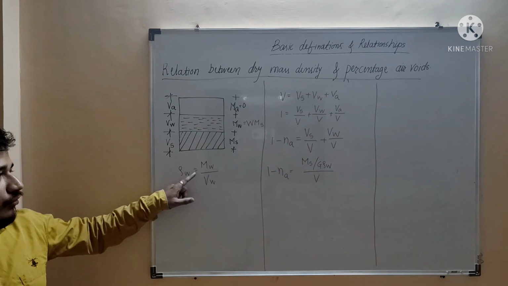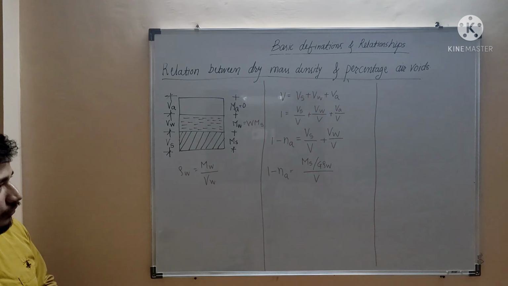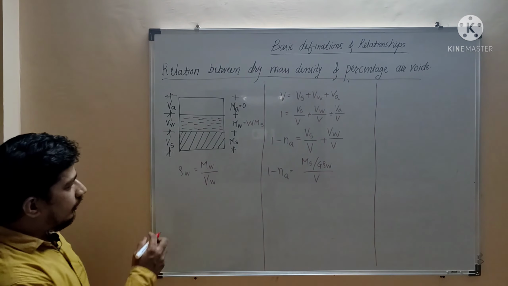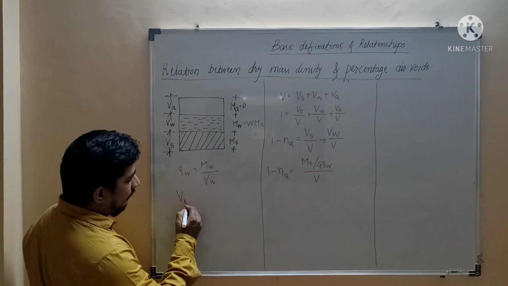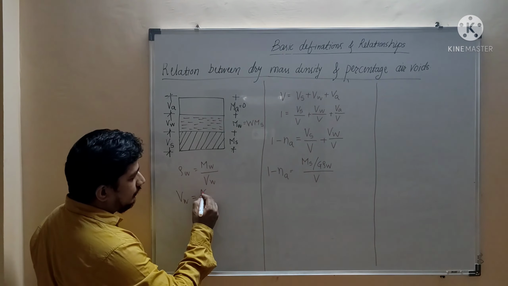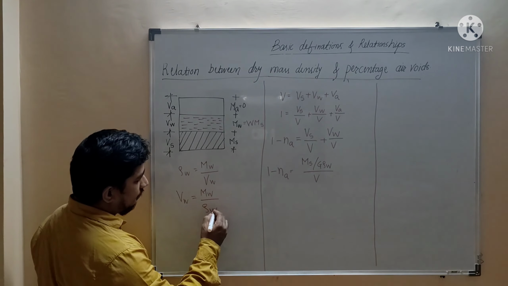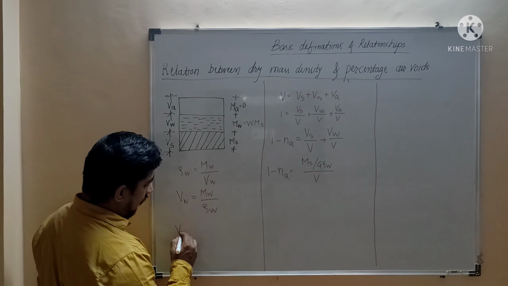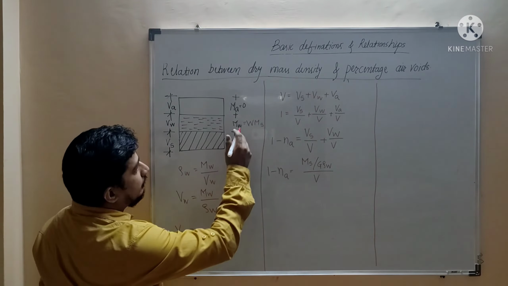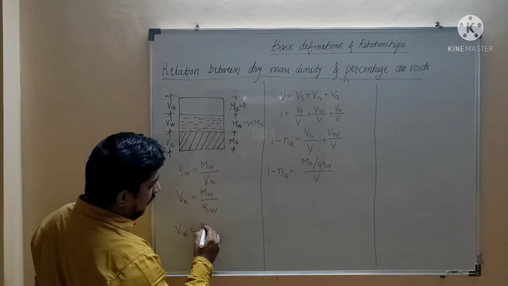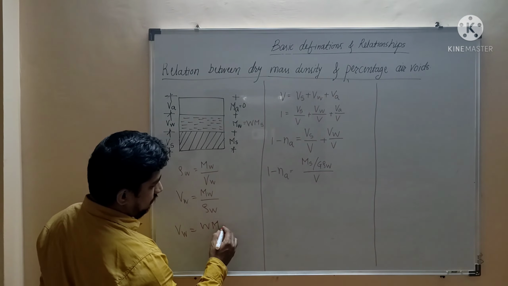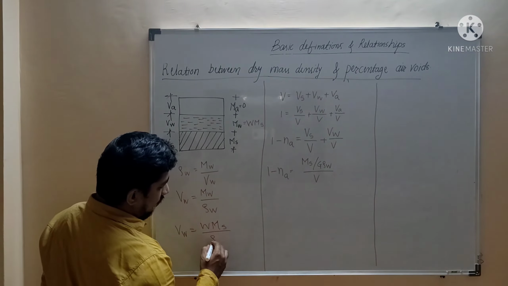Now volume of water. So rho w is equal to mw by Vw. For Vw we know that mass of water has to be divided by rho w. But here mass of water is w multiplied by Ms, divided by rho w.